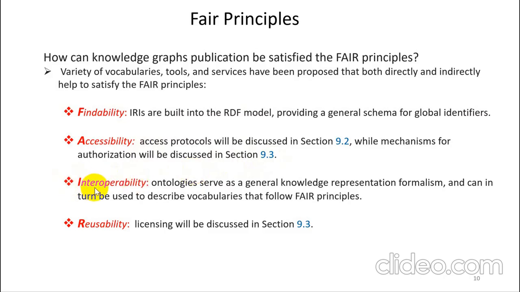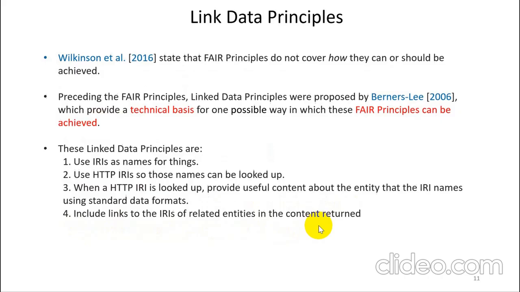In terms of interoperability, ontologies can serve as the general knowledge representation formulation and can in turn be used to describe vocabularies that follow the FAIR principles. And the last one, in terms of reusability, we can use licensing, which is discussed in section 9.3.